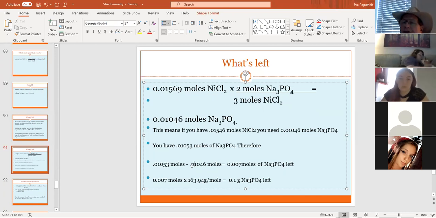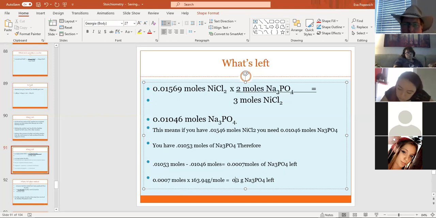I used up 0.01046 in the reaction. So because I used up that much, I have 0.0007 moles of sodium phosphate left. In order to determine the grams of the amount left, I take my moles of sodium phosphate left, multiply that by the molecular weight. That gives me the grams of sodium phosphate that are left.